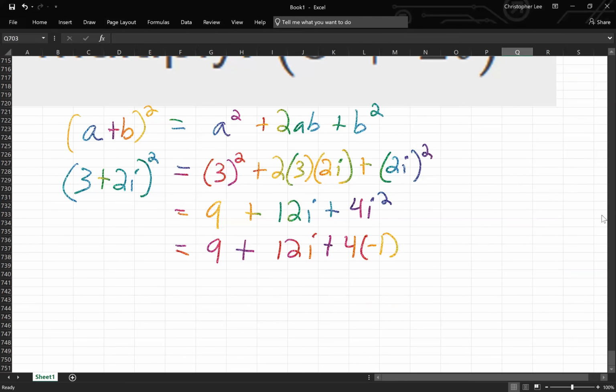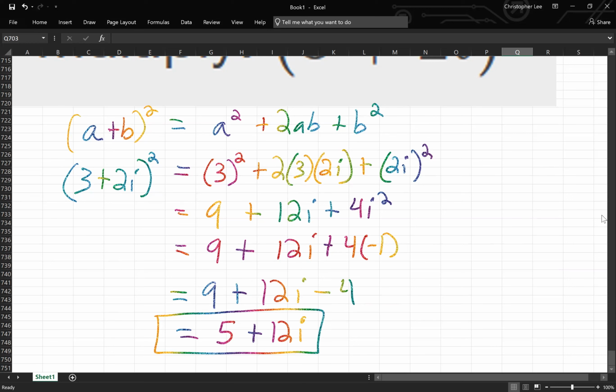Right? So this equals 9 plus 12i minus 4. That becomes what? 5 plus 12i. And that's it. Easy, right?